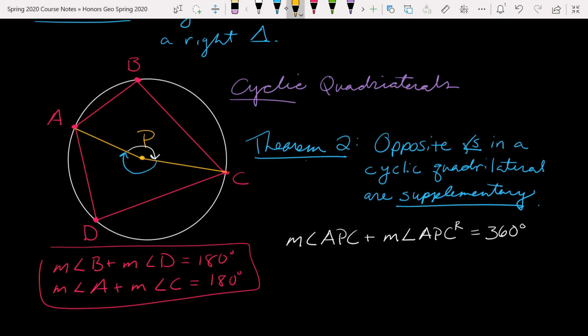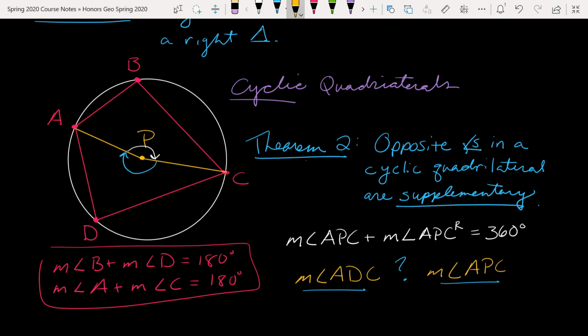But let's start considering these inscribed angles in relation to the central angles that we've just formed. How do the measures of this inscribed angle and this central angle relate to each other? Well, we've just used this theorem already. We know exactly how a central angle and an inscribed angle that intercept the same arc relate to each other.